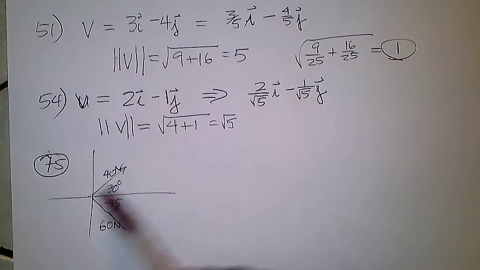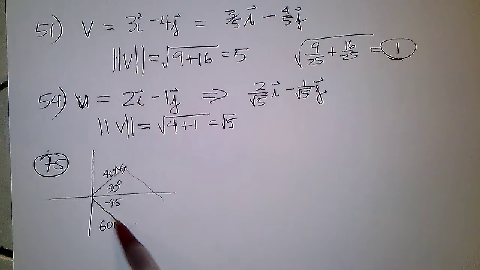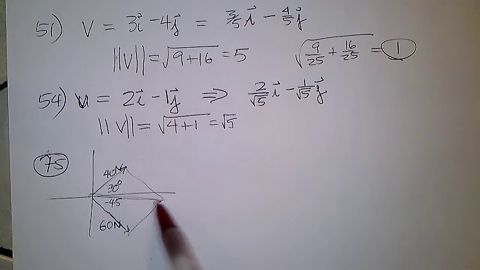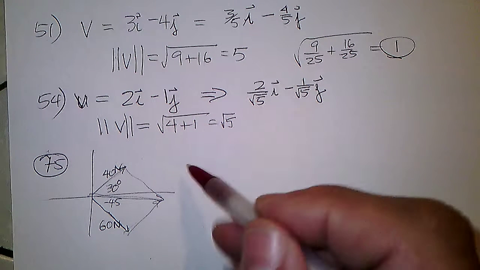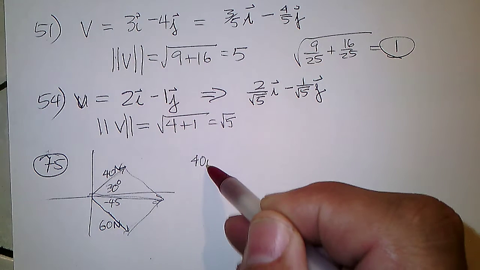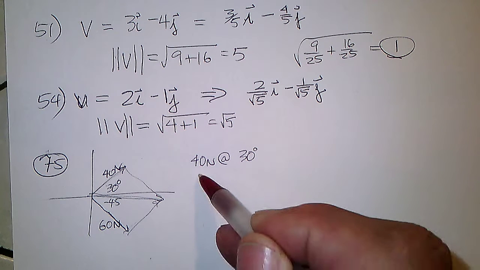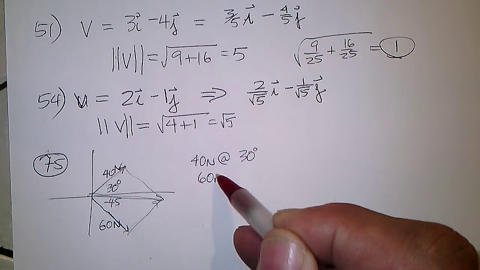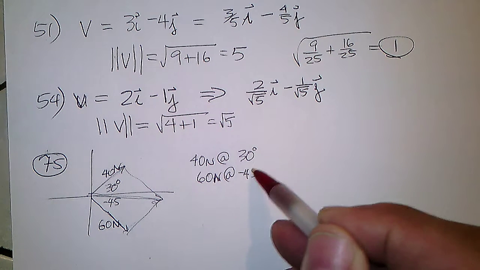So I can go this one plus this one and figure out what the result is, or I can go this one plus this one, and I can make a triangle, and I have to figure out this one. But it might be easier just to say 40 newtons at 30 degrees and 60 newtons at minus 45 degrees.